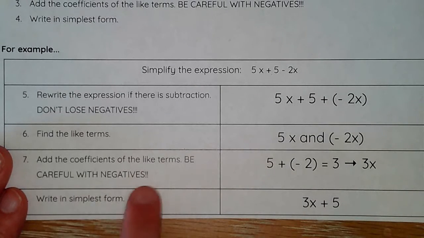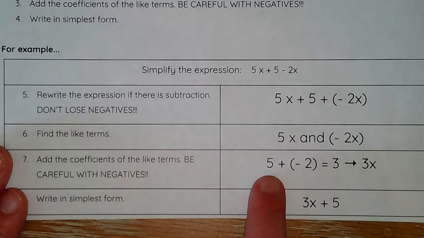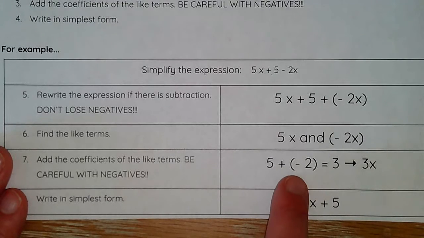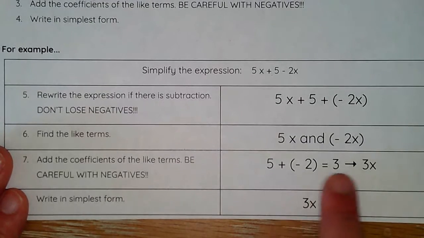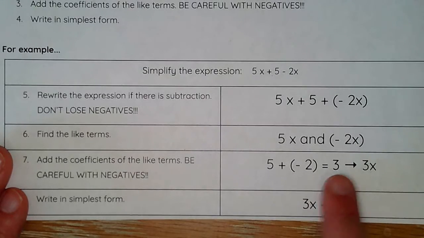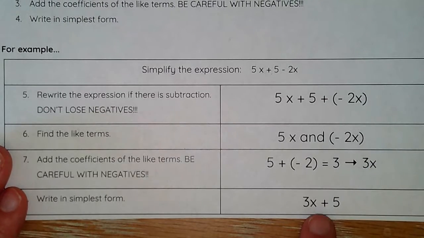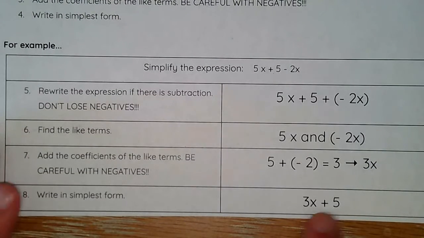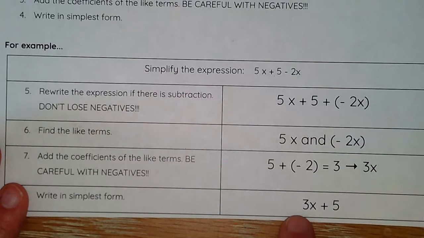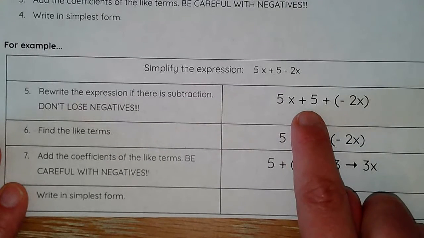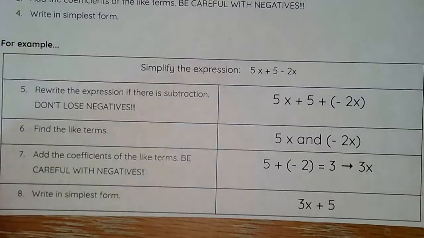Being very careful with our negatives, I add that 5 to negative 2. This gets me 3 attached to the same variable, which is x. Lastly, we rewrite in simplest form. I take that 3x and add it to my constant, which is 5.